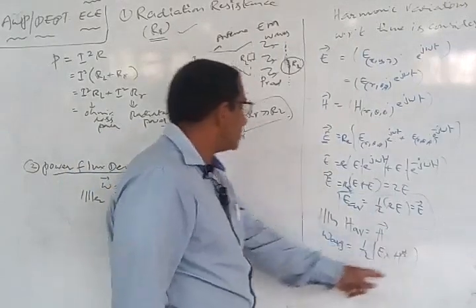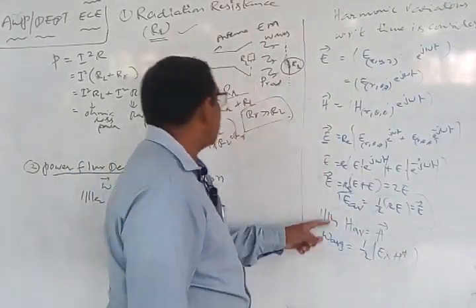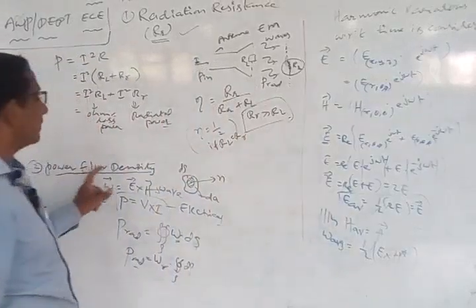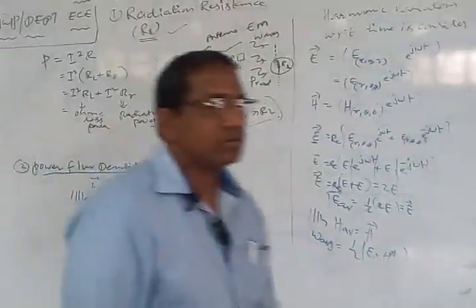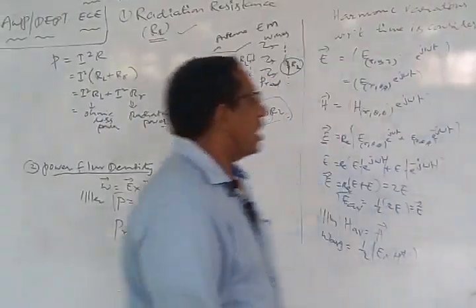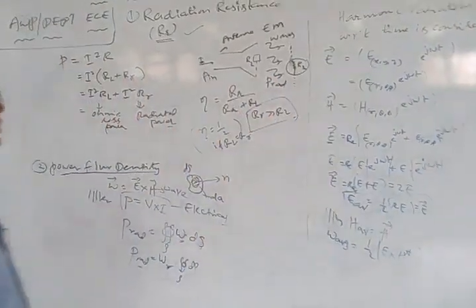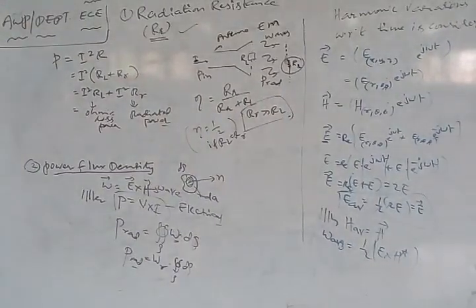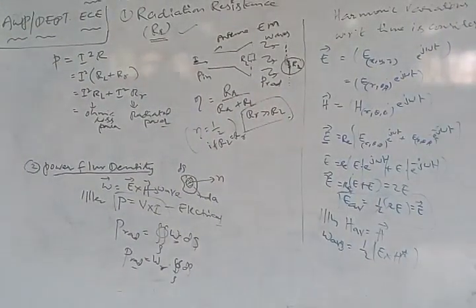This is the basic equation we use to calculate the power flux density, or average power, radiated by a transmitting antenna. After we complete these two things, next we will go to the directivity and gain of the antenna.